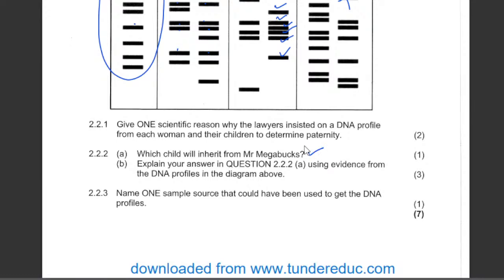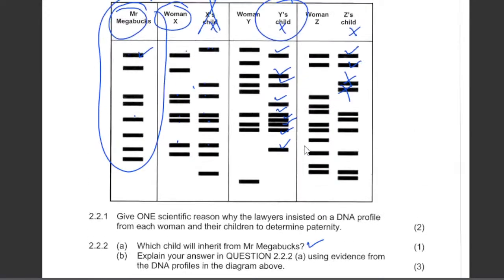Explain your answer using the evidence in the diagram above. Why is this one a child? Because all the bands of the child match.